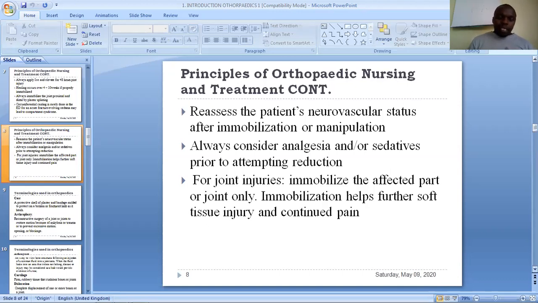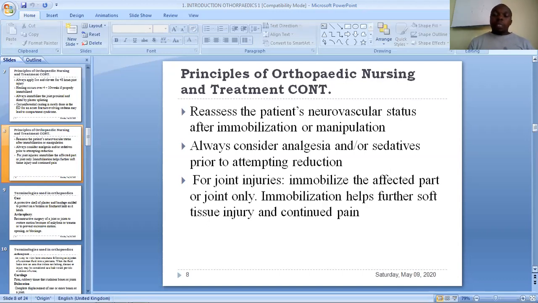The other principle states that for joint injuries, immobilize the affected part or joint only. Immobilization helps prevent further soft tissue injury and the continued pain. So when you are about to attend to this client or these affected limbs, immobilize them.